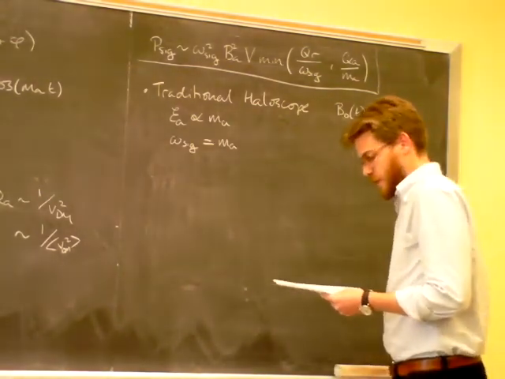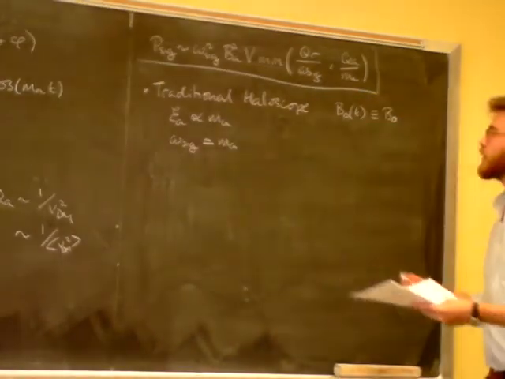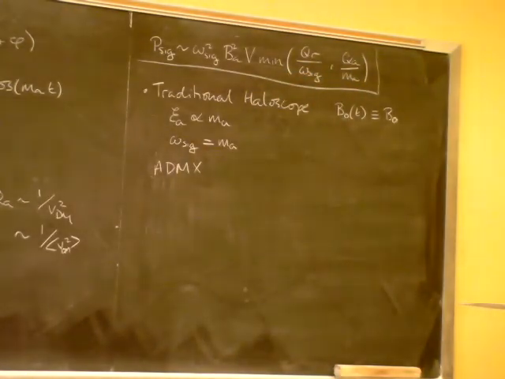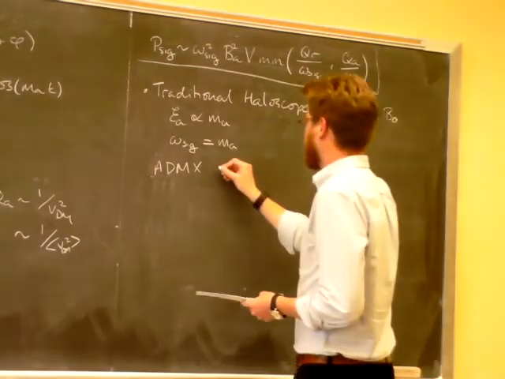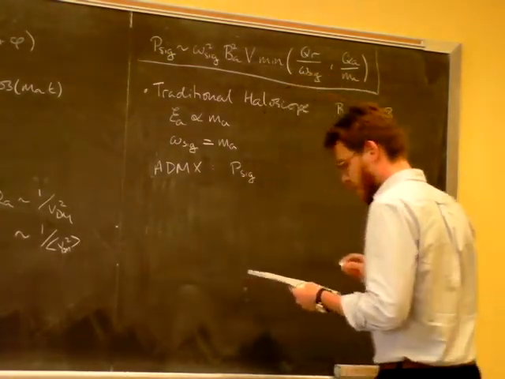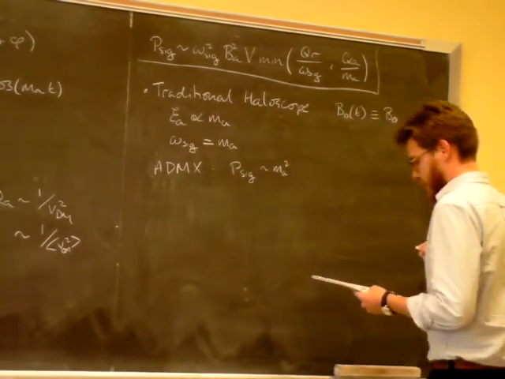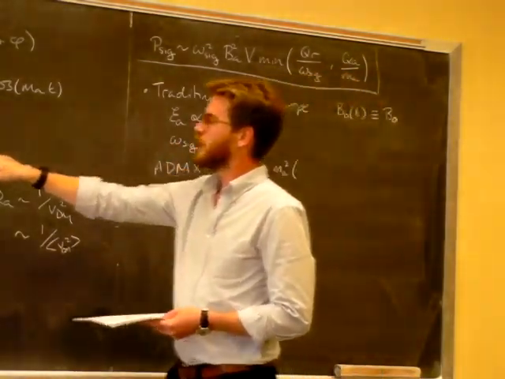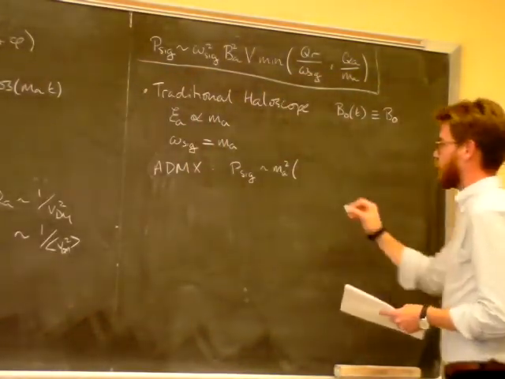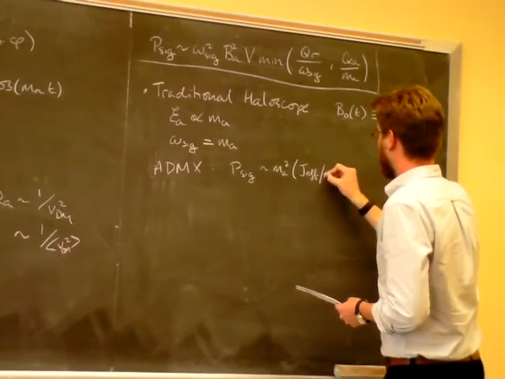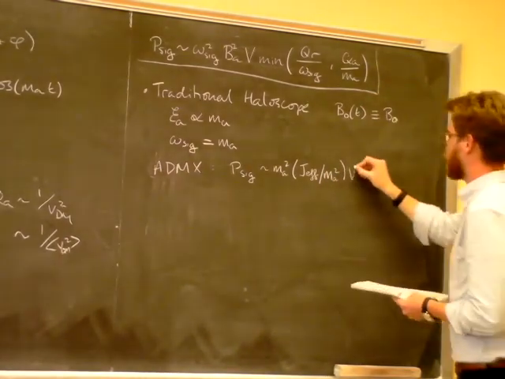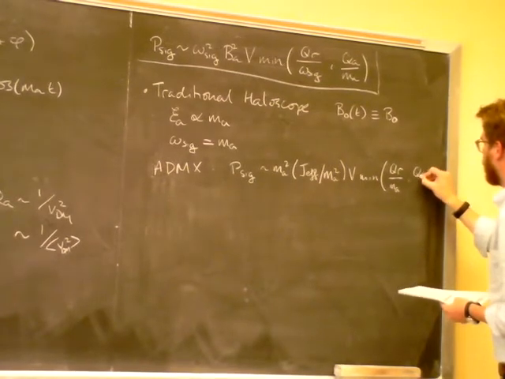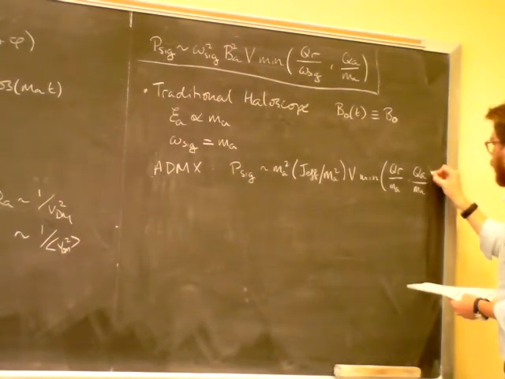So in a resonant cavity a la ADMX, which is exactly the strategy that the experiment ADMX, which you have most likely heard of, employs, you would find that your signal power goes like the axion mass squared times, and now I'm going to replace the axion-induced magnetic field in terms of the effective current, J effective over m_a squared, times the volume times the minimum of the quality factor of my resonator over m_a and the quality factor of my axion field over m_a.